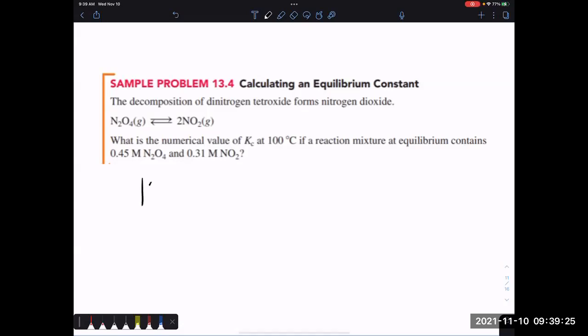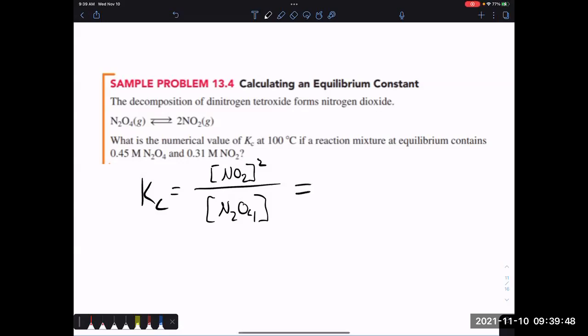So first step would be to set up our equilibrium equation. We're going to have products over reactants. So this will be the concentration of NO2 raised to the second power divided by the concentration of N2O4, again raised to the first power. So we can plug these numbers in that we've been given.